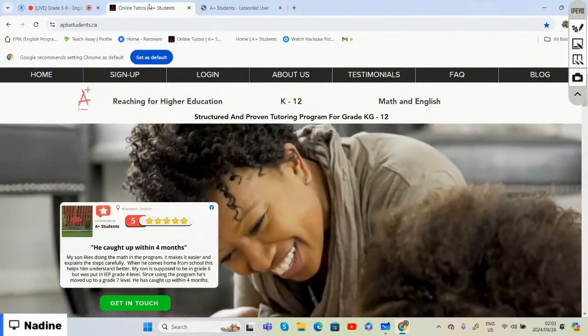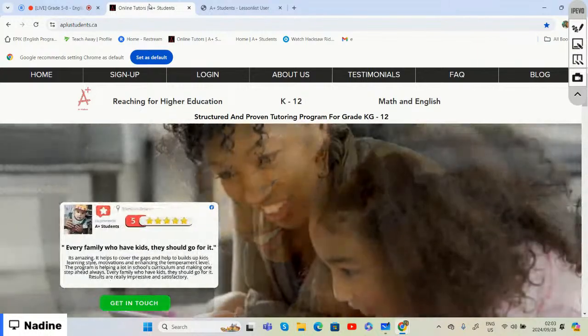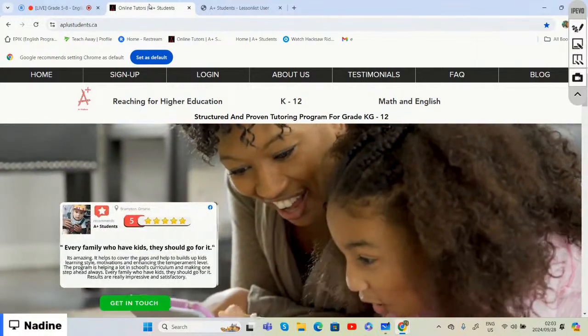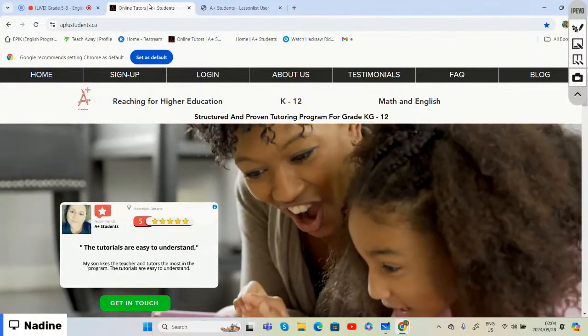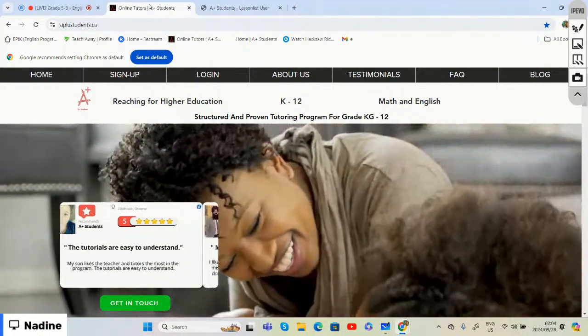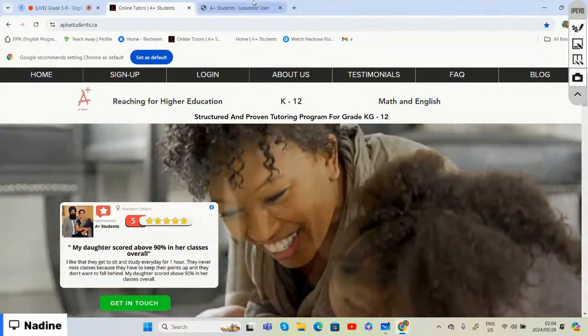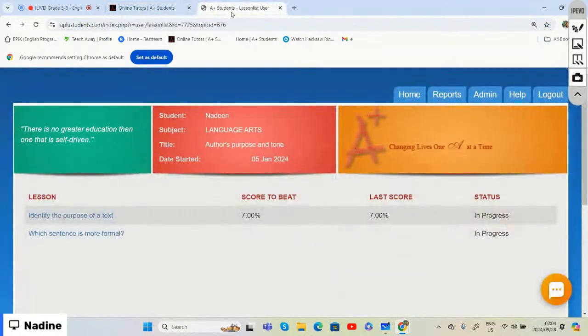Grade 5 to 8. And then we're going to scroll down until we get to our chapter of author's purpose and tone.